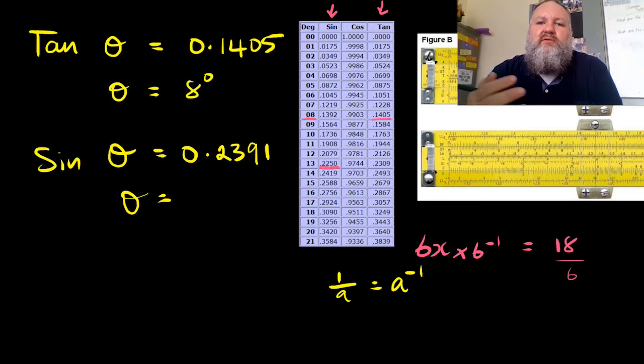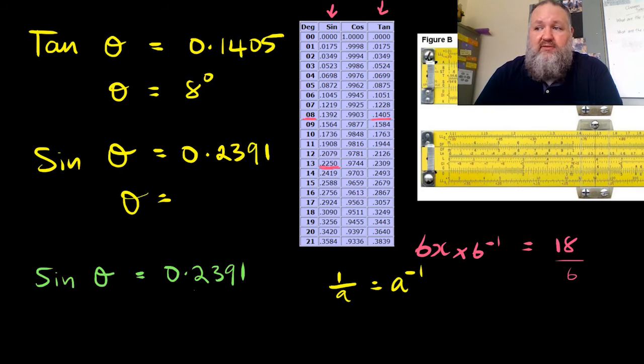It's for this trigonometry, right? When we have the sine of an angle is equal to 0.2391, well, we actually want to get the unknown, which is the theta, by itself. So we have to get rid of this sine over here. So how do we do that?